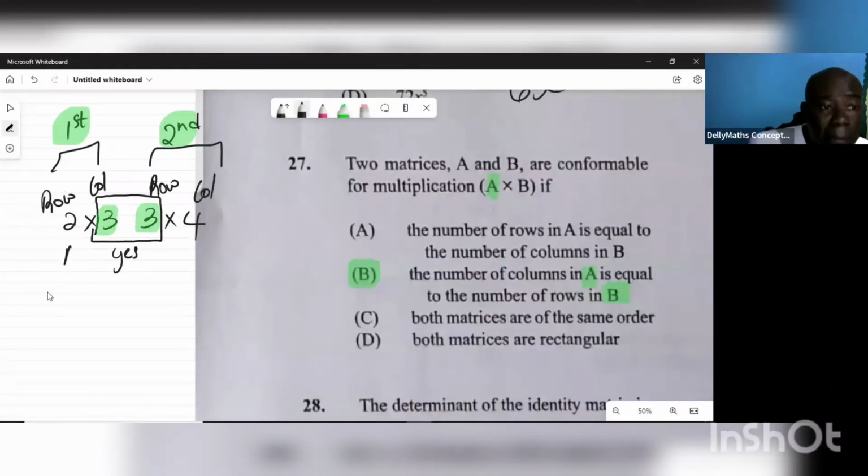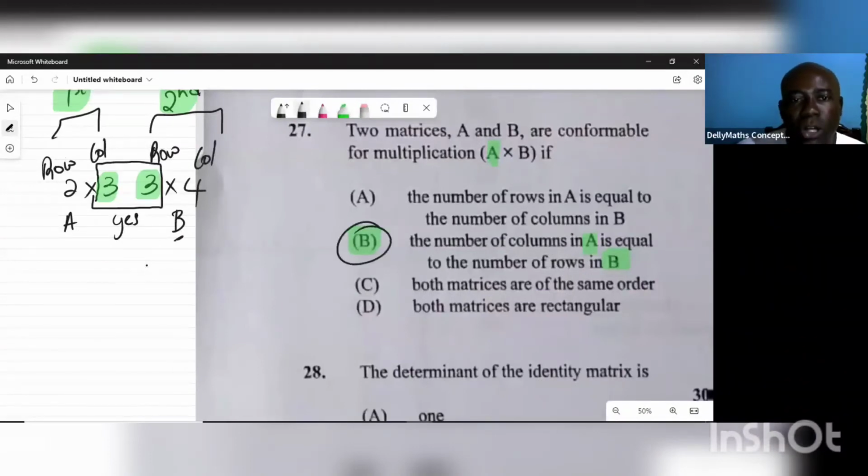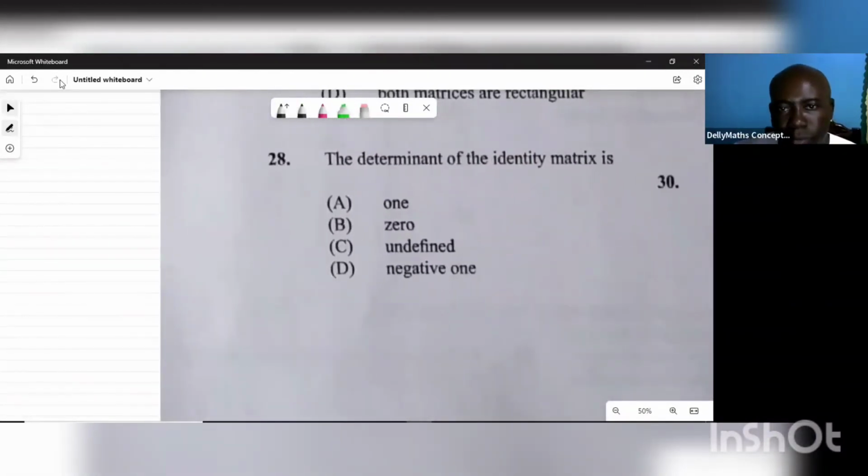This is my matrix A, this is my matrix B. The columns of A must be the same number as the rows of B, and that is how you know it can be multiplied. So we would have picked B and we're good. Good to go? Yes, sir.